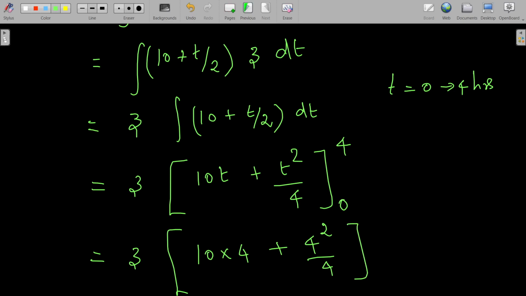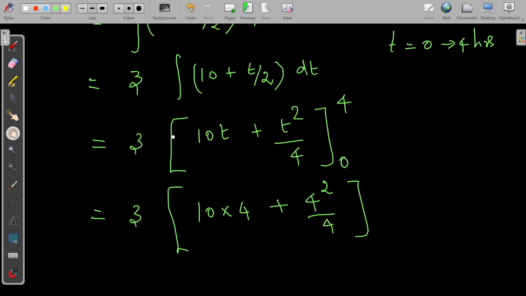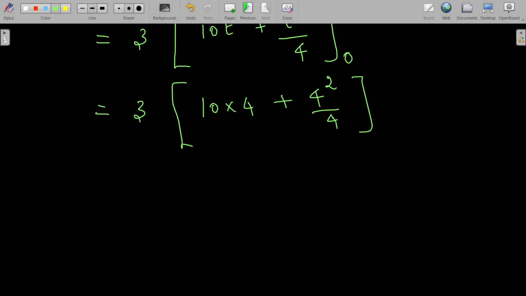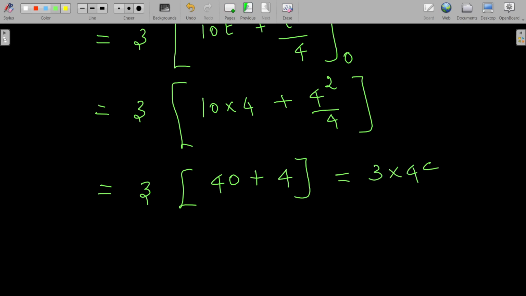So this is equal to 3 times (40 + 4), so 44 multiplied by 3, that is equal to 132.